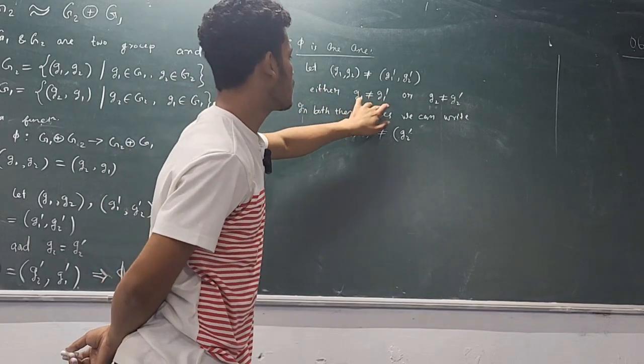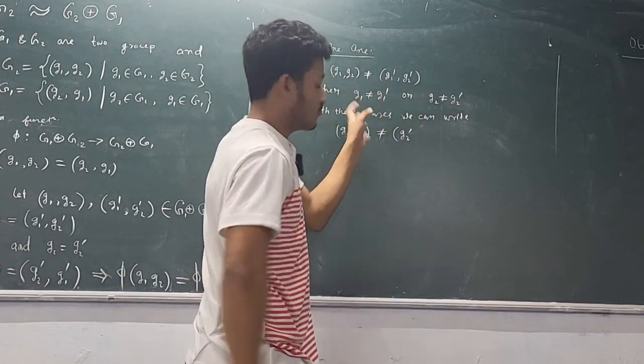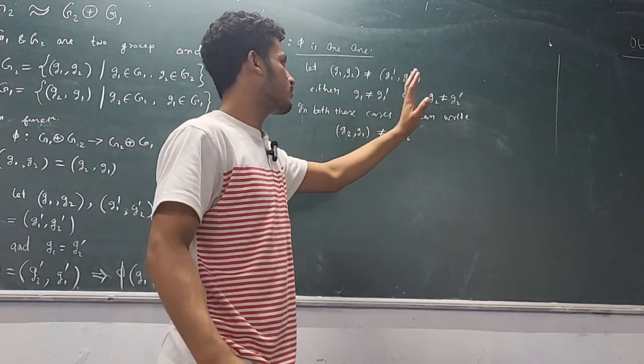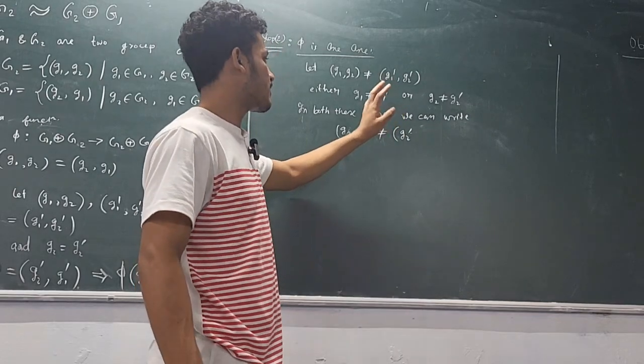Here either this is not equal or this is not equal, or this is not equal and this is not equal, both. Okay, both the things happen.